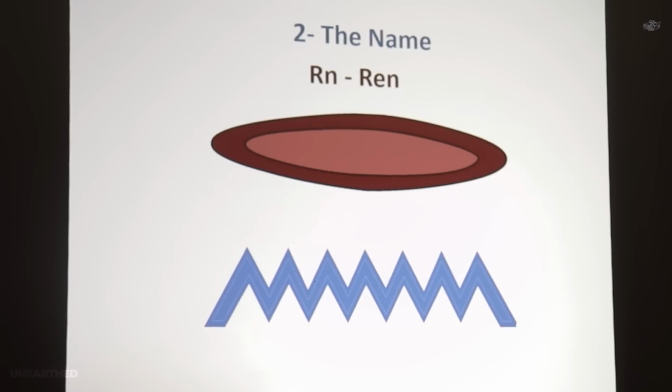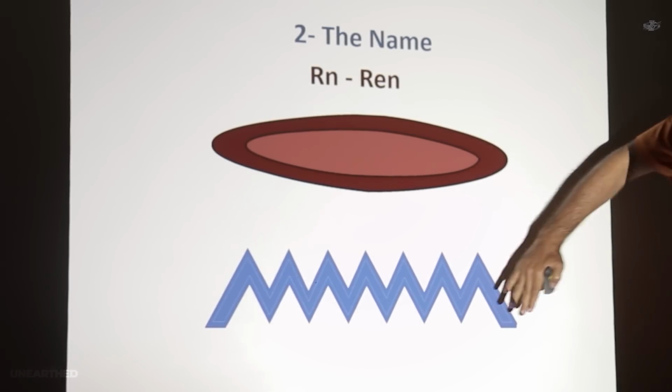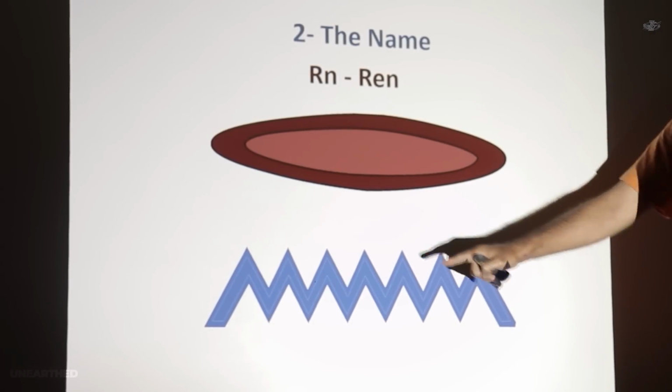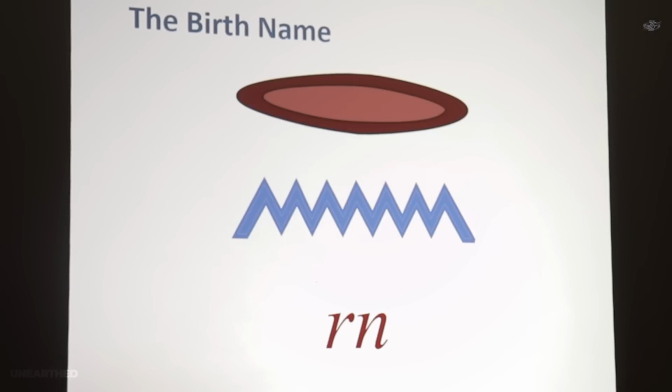You never see N end this way. No, always that shape of N. But then in the English language, in the Latin language, they use the first design to play as the Latin N. So Ren is the birth name.